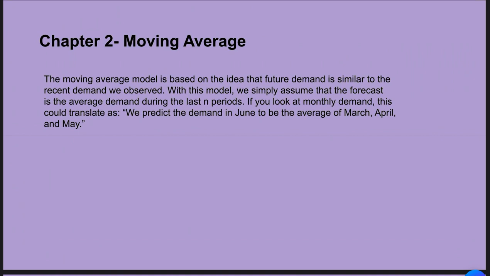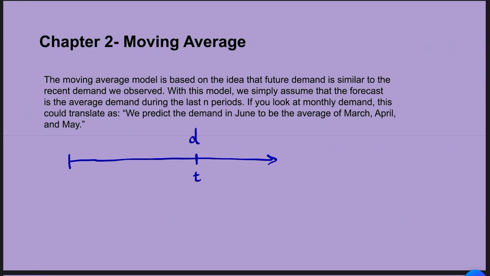To clarify in easy words, in time series forecasting, if we want to predict demand at time interval t, demand dt will be the average of the previous n demands that we have.